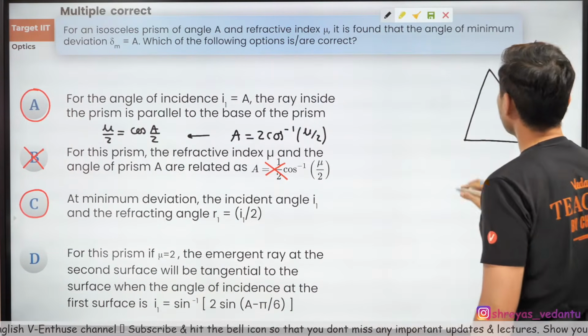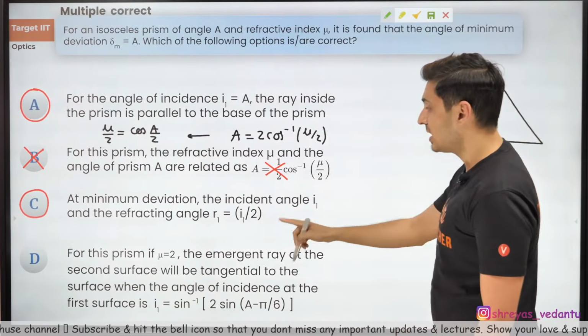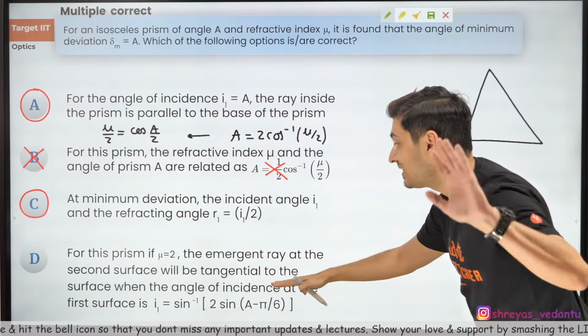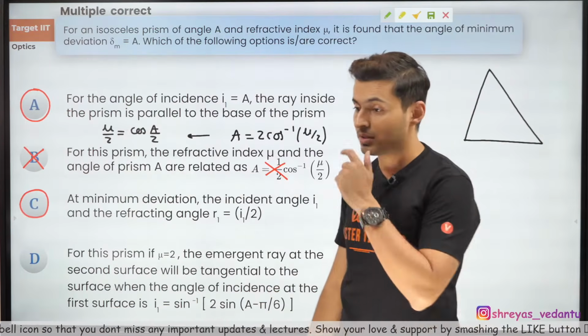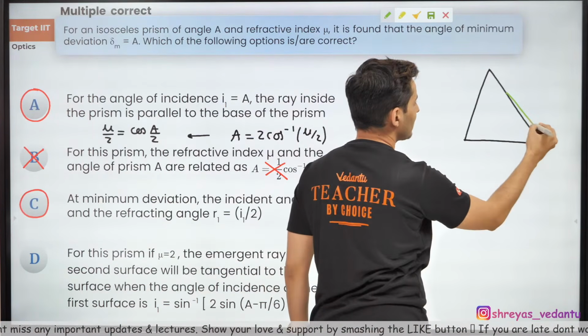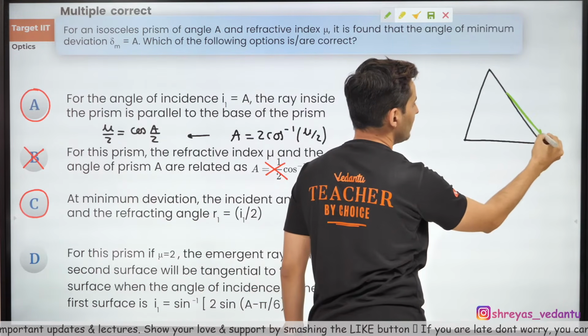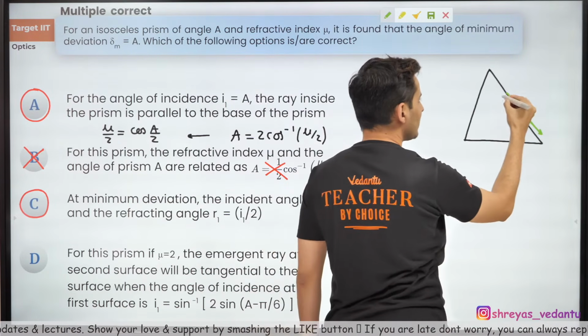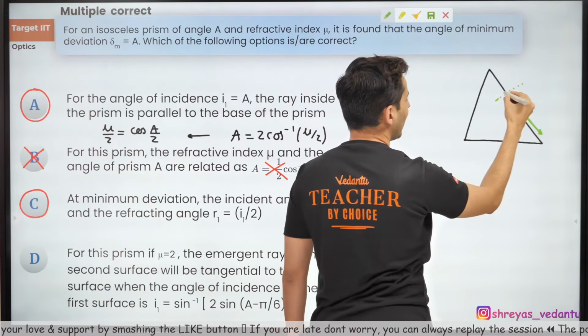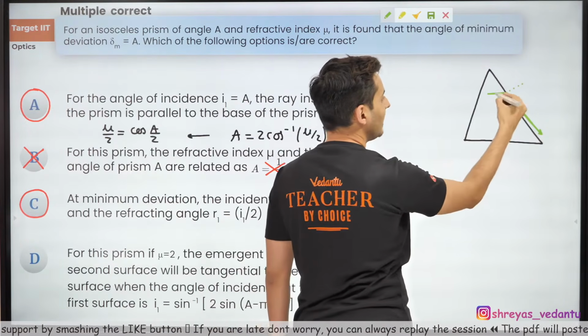Okay, this is our prism, and it is clearly mentioned that the emergent ray at the second surface is tangential to the surface. Interesting. So if it is tangential to the surface, that means it is coming like this, guys. It is coming out like this. That means, think about it, over here, that angle should be the critical angle.